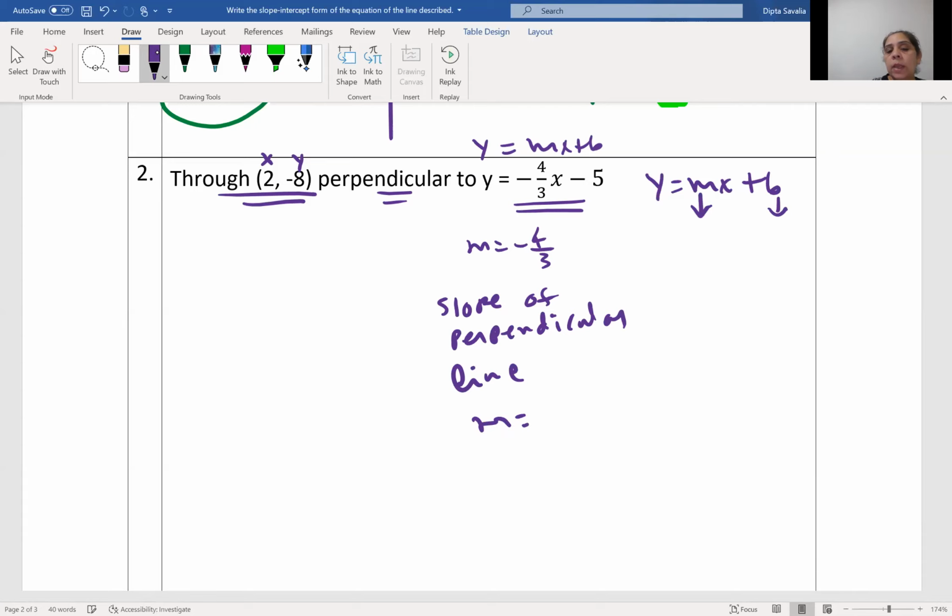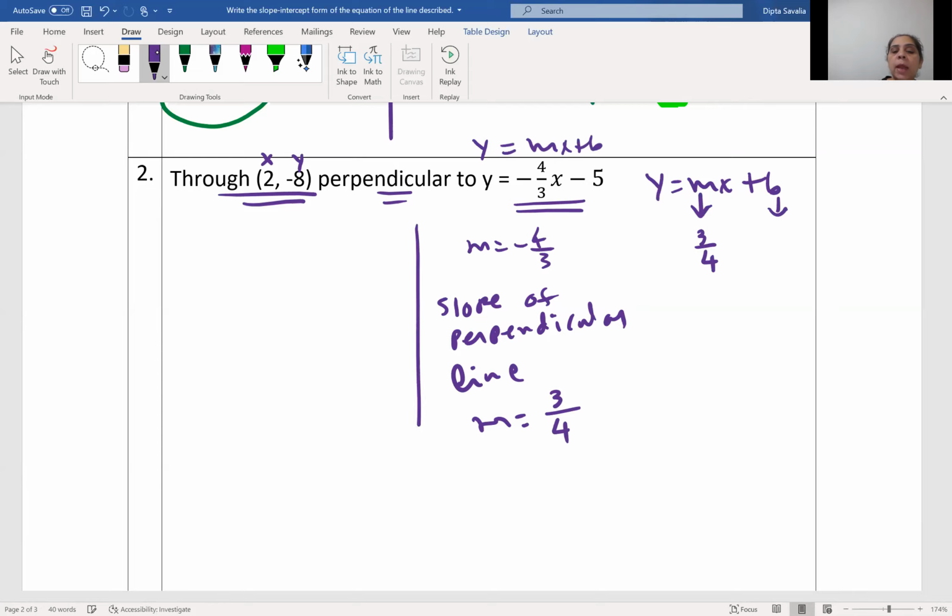So what could it be? First thing, we have opposite reciprocal, so it must be positive. And if I write down the reciprocal of this fraction, it will become 3/4. So we found m is 3/4. So I will just plug in here, 3/4.